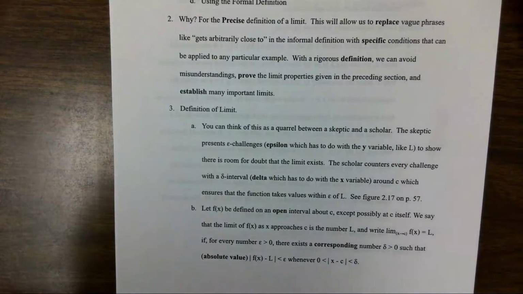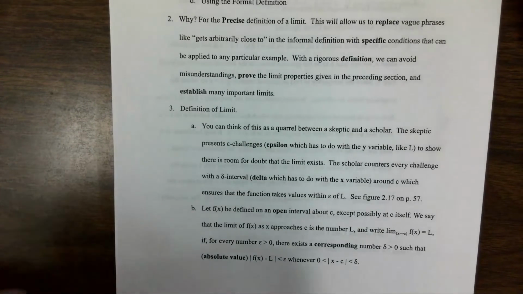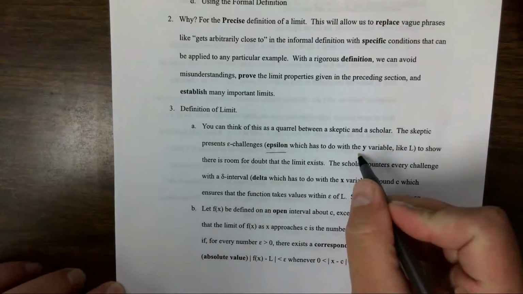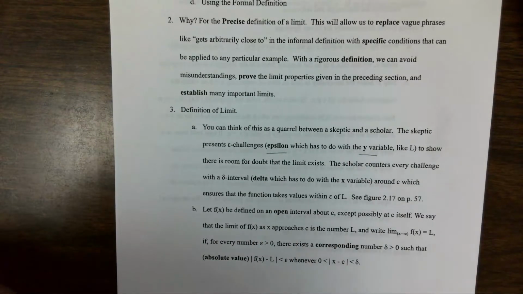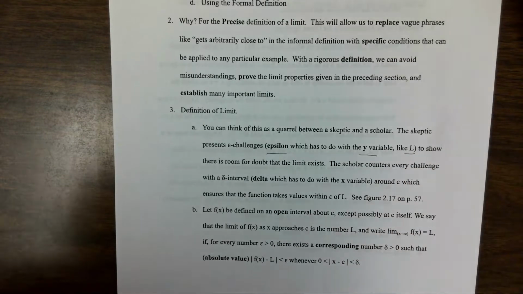To start with, you can think of the definition as a quarrel between a skeptic and a scholar. The skeptic says there are epsilon challenges. What you will need to remember is that epsilon has to do with the y variable, similar to the L variable, the limit, to show there's room for doubt that the limit even exists.